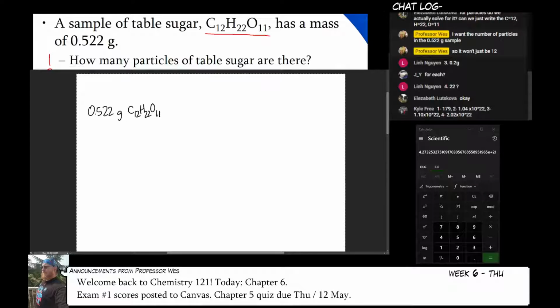All right, so what I need to do is figure out how many particles of table sugar there are. So I have a mass of sugar. First, I want to turn that into moles of sugar. And then I want to turn that into molecules of sugar. And that will tell me how many molecules of sugar I have, or particles.